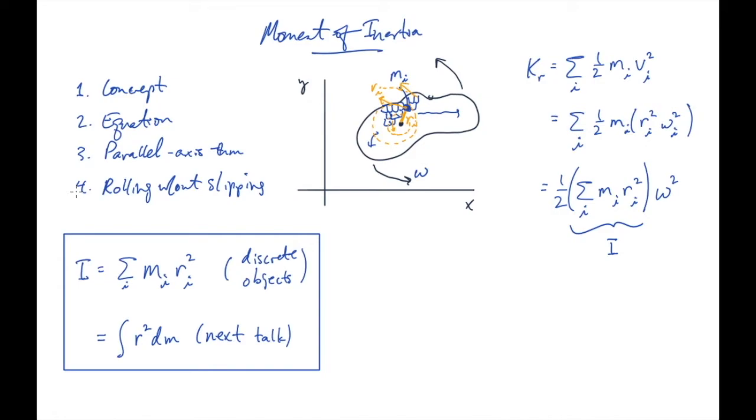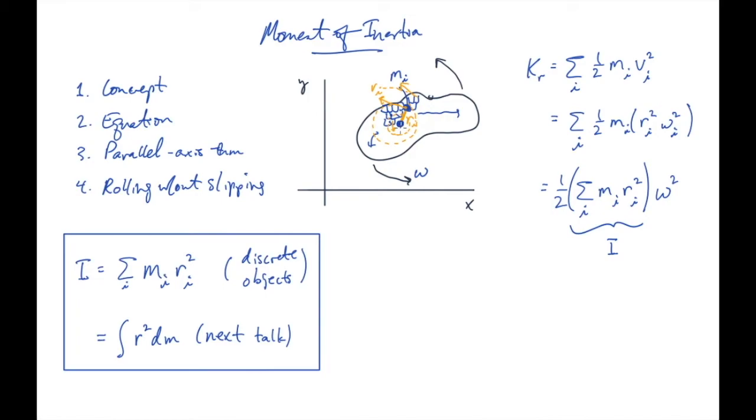The idea behind moment of inertia is that the rotational inertia, the tendency of a rotating thing to keep rotating the way that it's rotating, increases as you get more mass far from the axis of rotation. In this object up here, we said at the beginning that we were supposing this was the center of mass, the mass-weighted average position of this object, and it was rotating around there.